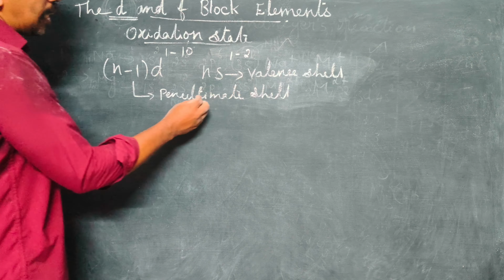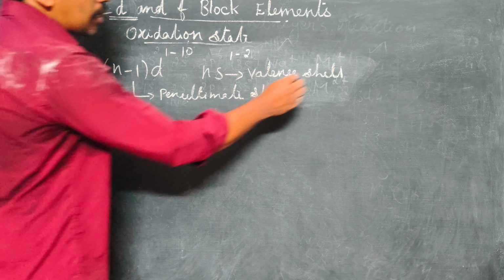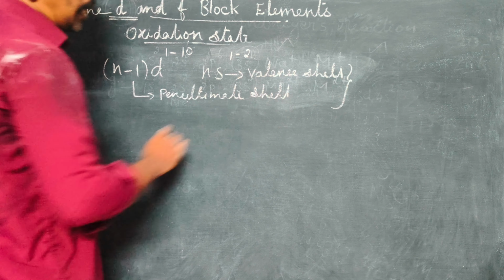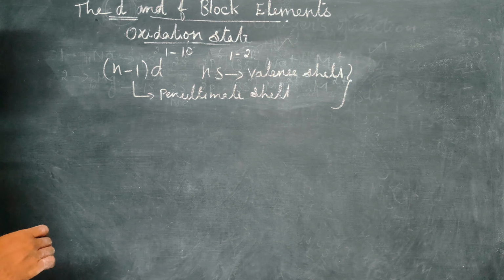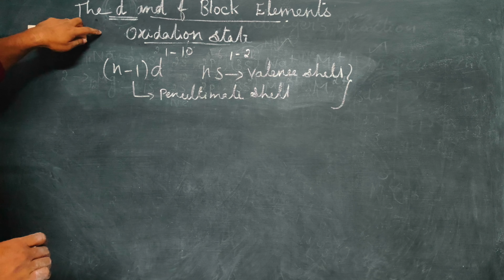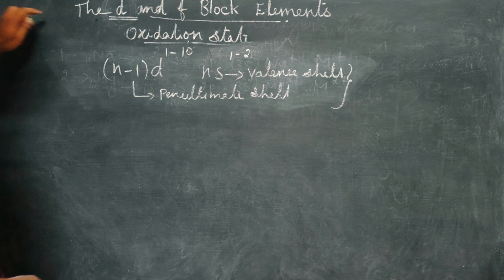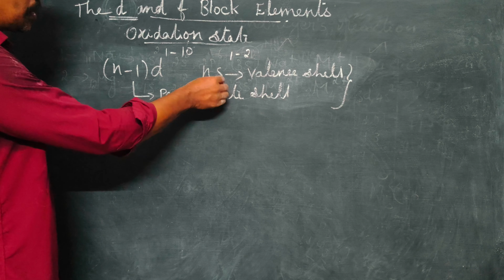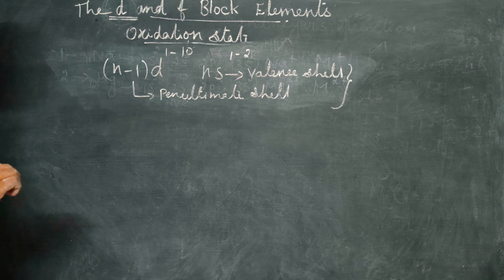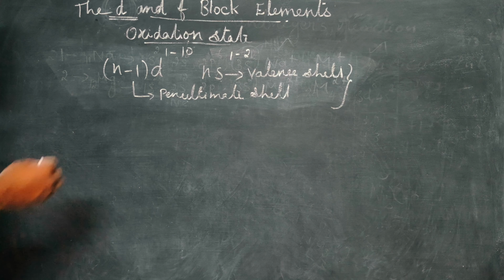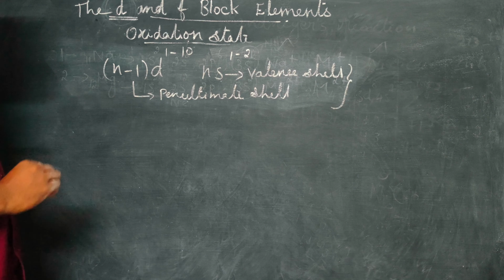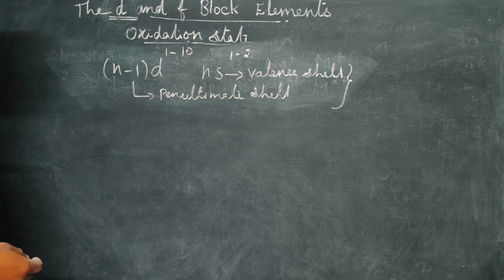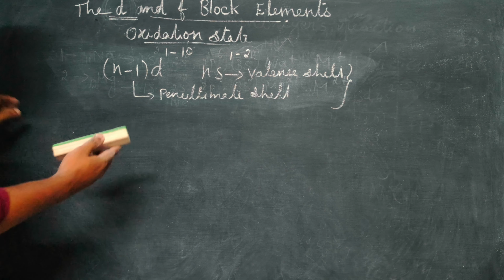The valence shell and penultimate shell are almost equal in energy. So the d block metals lose electrons from the s orbital as well as the d orbital, so that d block elements get variable valency or different valencies.